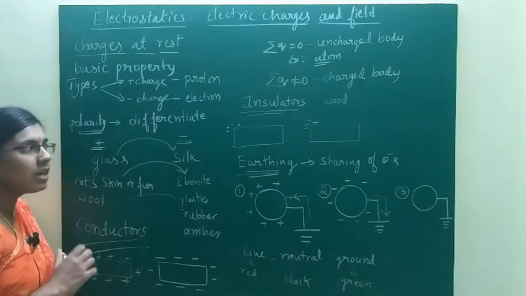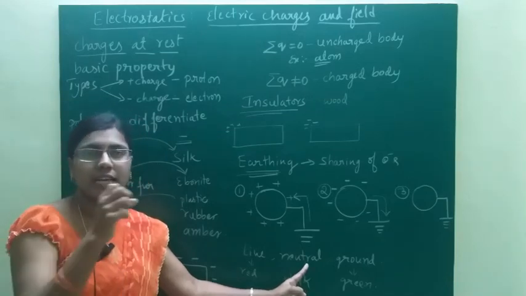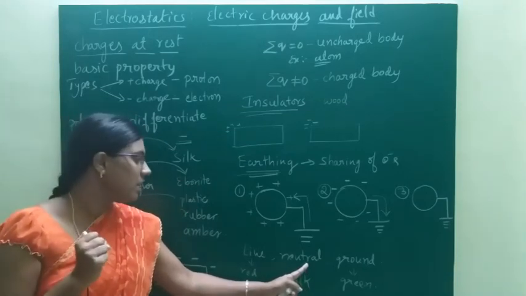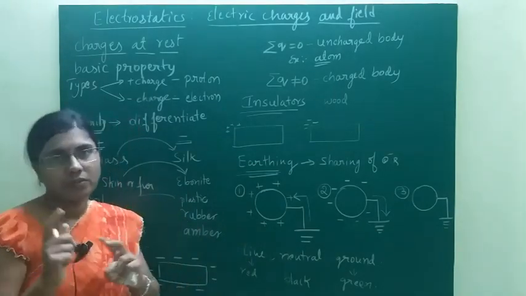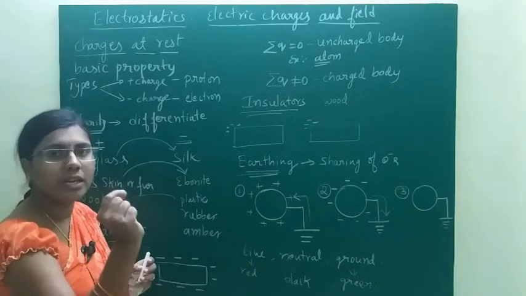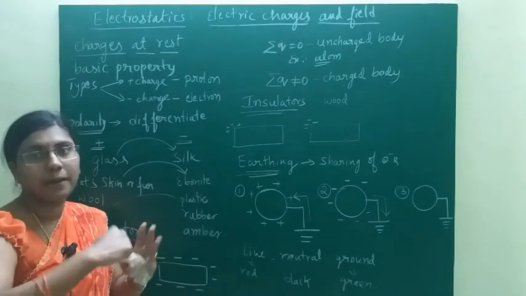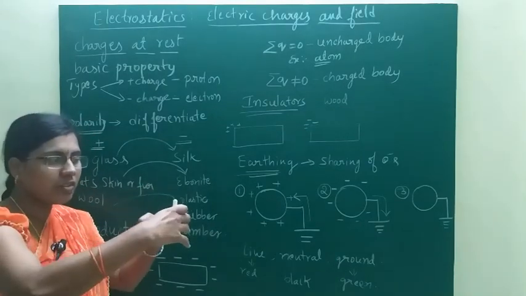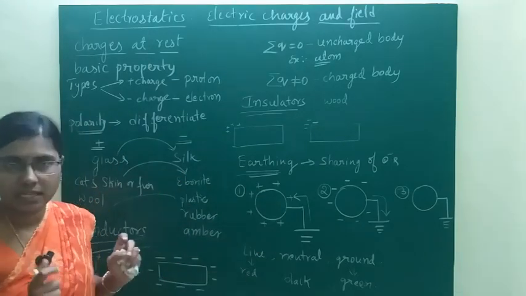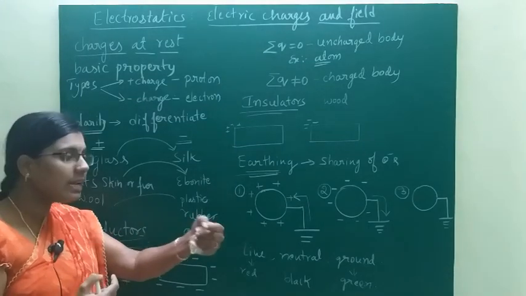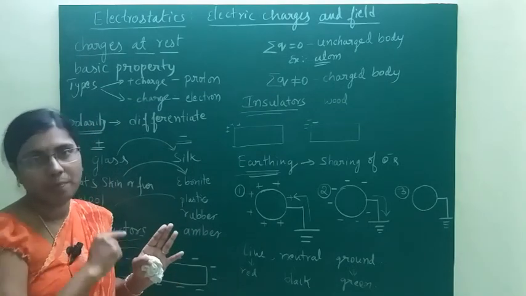Earthing means here, the live wire and neutral wire carry the current from the mains. The earth wire has two ends. One end of the earth wire is connected to a thick metallic plate, that metallic plate is buried in the earth, and the other end is connected to the metallic bodies of our home appliances.